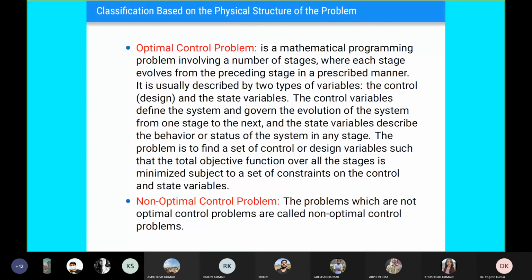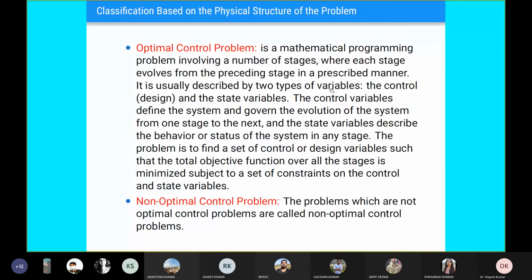Since the value of the objective function or the state variable at one stage is dependent on the previous stage, we have to calculate the values of the objective function stage-wise, from the starting to the first stage, second stage, third stage, fourth stage. This kind of problem is called an optimal control problem.